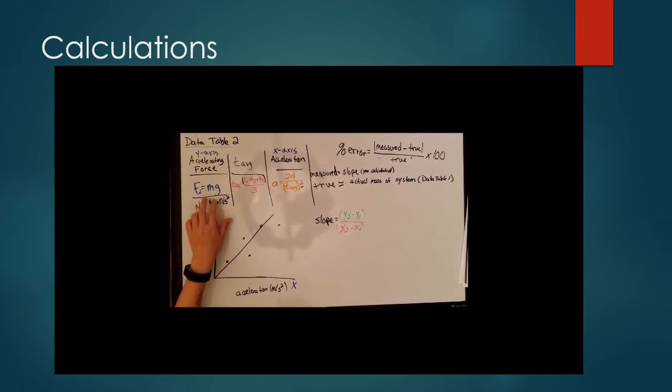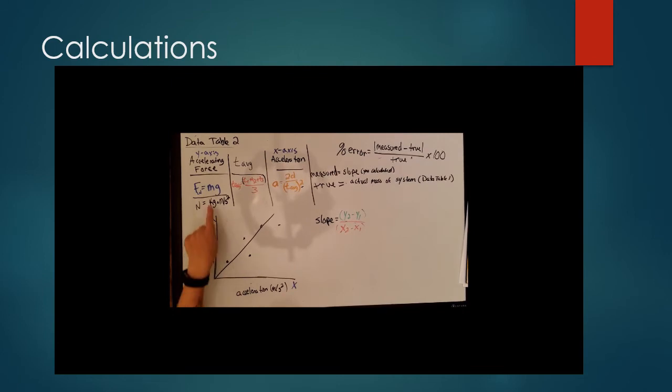In the data collection video, you'll notice there was a hanging mass hanging over the side of the air track, and what was affecting that mass was gravity. By multiplying those two, you're calculating the force that was being used to make that glider move across the air track.